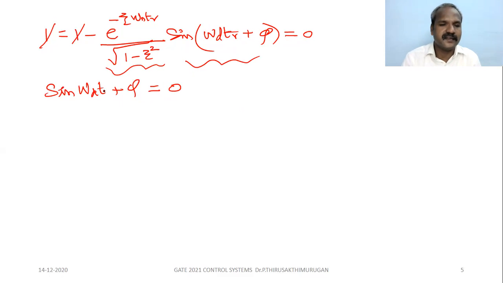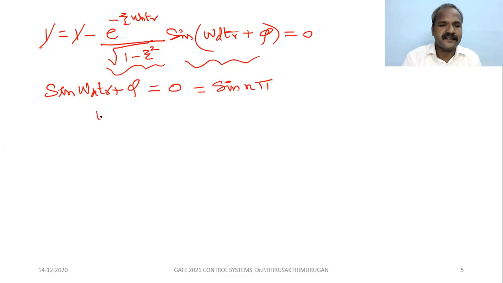So what is the rise time? What is sine 0? This is sine of n pi.